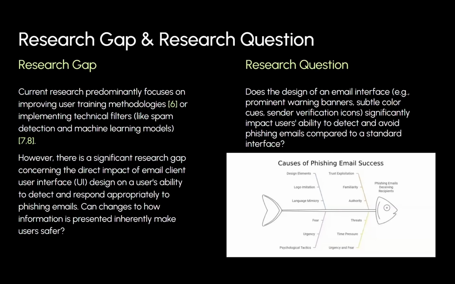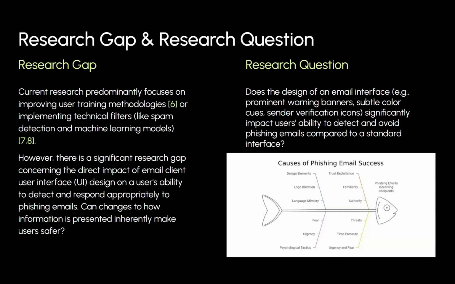Now let's move to the research gap and research question. Although phishing has been studied extensively, most of the work either focuses on improving the detection algorithms or providing cybersecurity training to the users. These methods are valuable, but they largely overlook one of the most immediate tools we have at our disposal, which is the email interface itself.